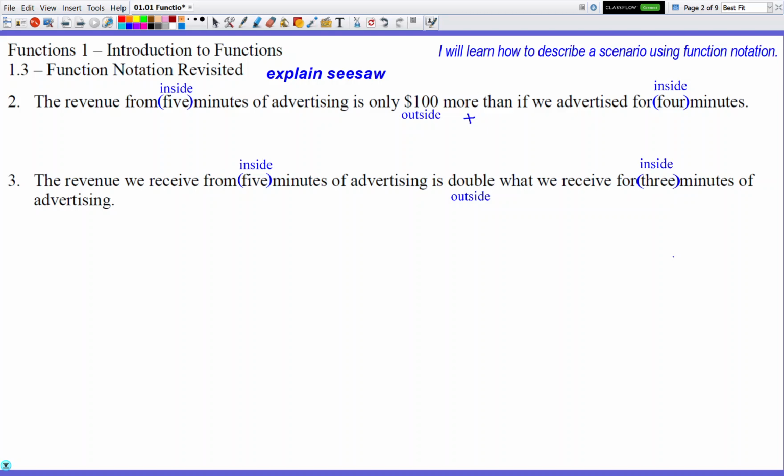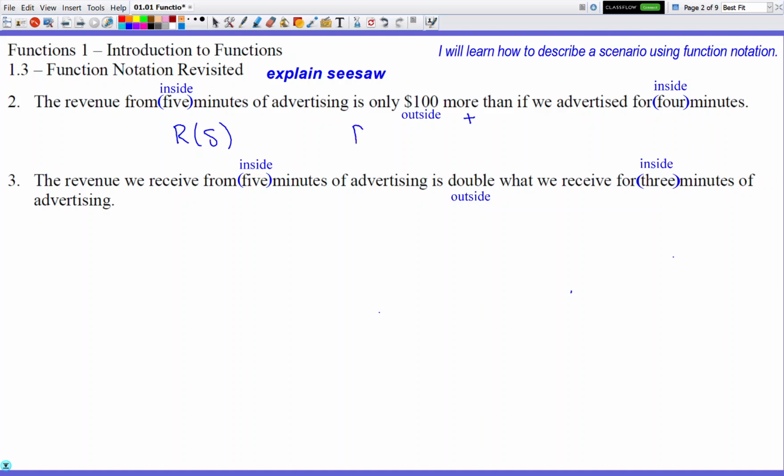Okay, so here's the first thing you want to write when you write your symbolic representation. You want to write your revenue statement. So the revenue, or money I make, when I advertise for 5 minutes, is going to be R parentheses 5. You want to write R parentheses whatever your number is. Okay, and since we have another number that connects to minutes, which is 4, we're going to write this exact same statement again.